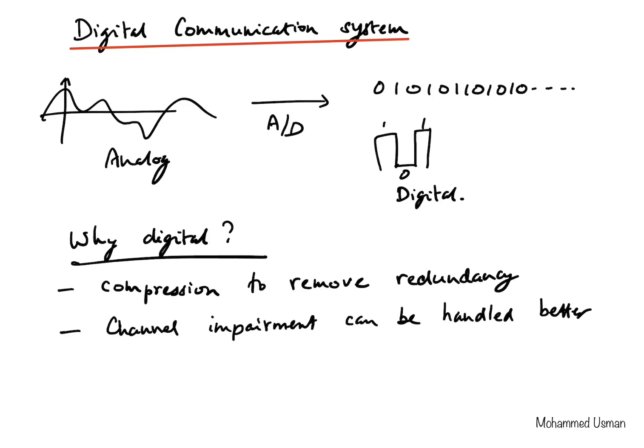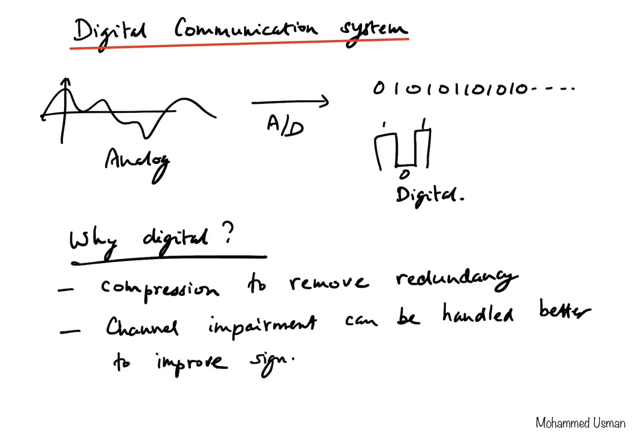All these can be handled in a better way so that what we call signal fidelity can be improved. That means the recovered signal would be much closer to the original information signal, in terms of the values of the bits in this case.